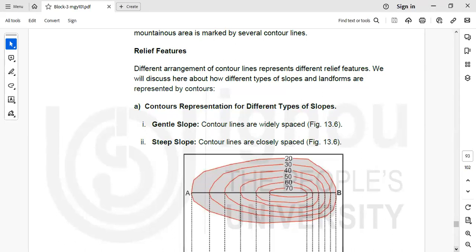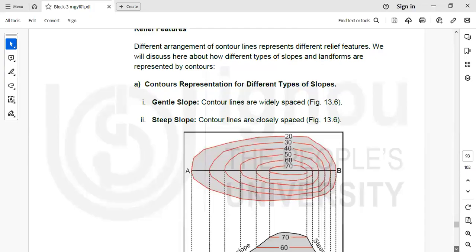Number one is gentle slope. In a gentle slope, the contour lines are widely spaced. So if you have a map and the contour lines are widely spaced, you can get the information that in this area the slope is gentle. And now another type of slope, which is known as steep slope. In this case, the contour lines are closely spaced.